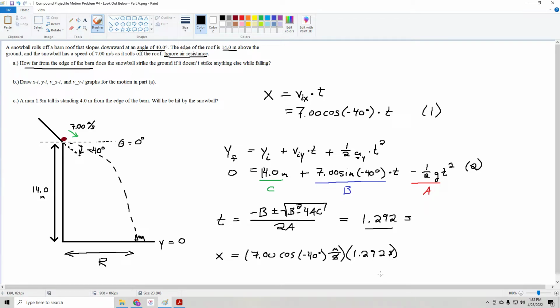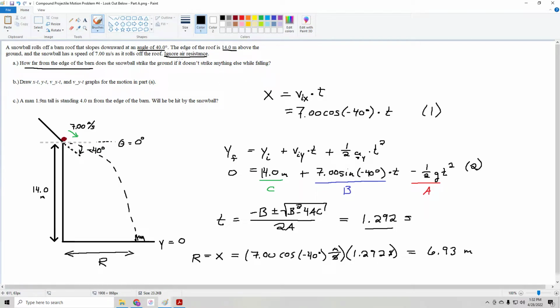The seconds units will cancel, and we'll end up with meters, which we should, and x, which is the same as the range. Right? It depends on however you want to call this. We can call this r, we can call this x, same thing. What do we get when we calculate this value? Well, I get 6.93 meters. That is how far from the edge of the barn where the snowball strikes the ground.